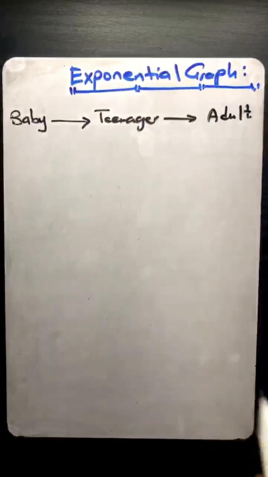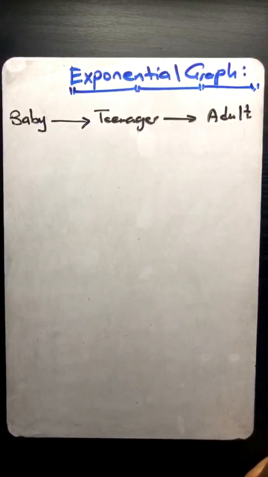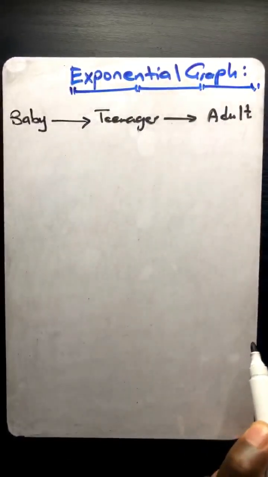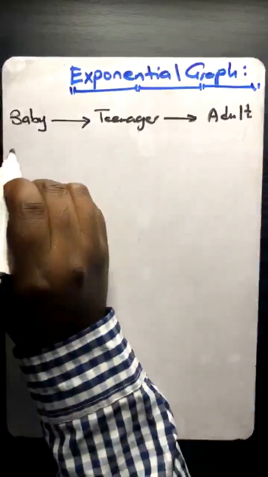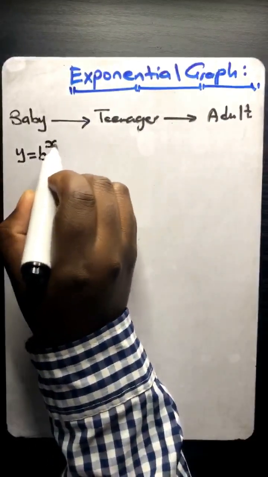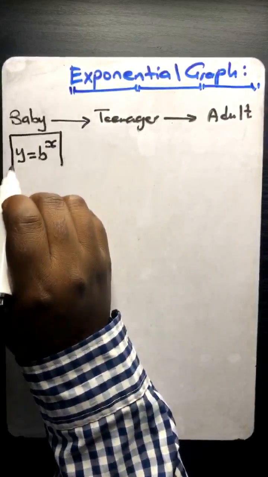So there are phases that you need to go through. Now let's quickly look at how an exponential graph looks at a baby stage. You have y equals b to the exponent x.